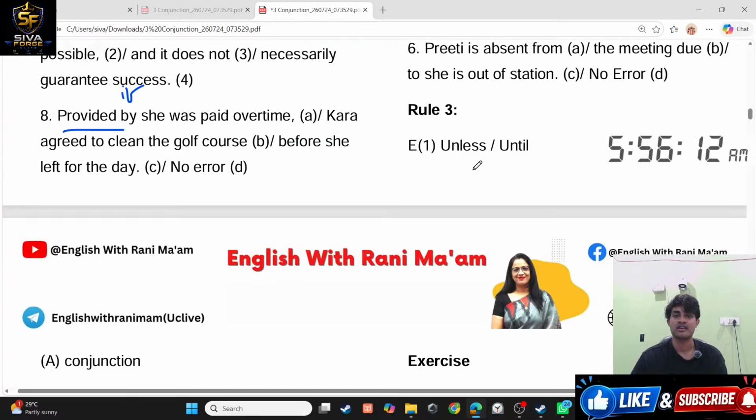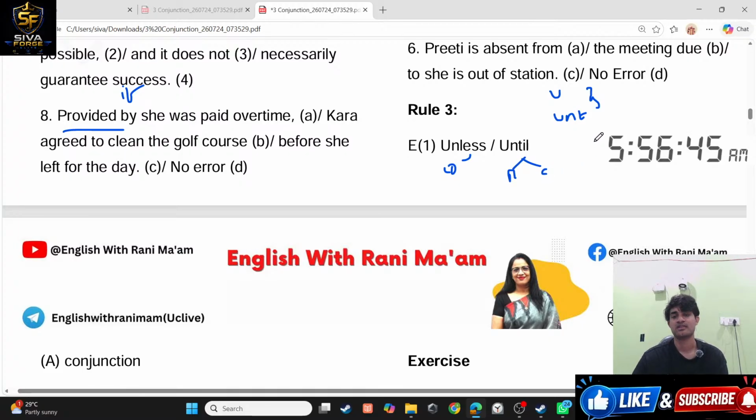Now see here, unless: there are 4 points which we have to remember regarding unless and until. Until, not till. Unless is a proper conjunction and until can act as a preposition and a conjunction.